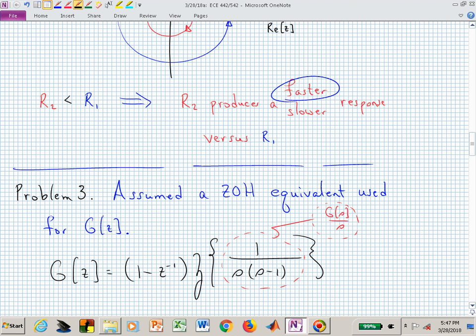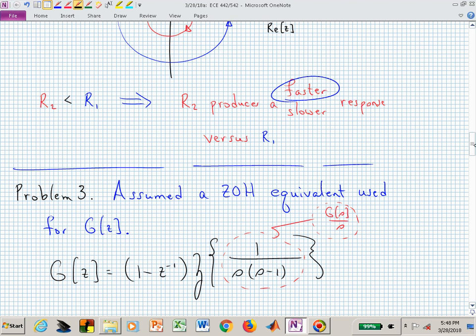And in that sense, I'm assuming a zero-order hold equivalent needs to be determined so that you can start with a capital G of Z. And the zero-order hold equivalent of a G of S is now you just put another pole at the origin in the S-plane, find the Z transform of that G of S over S, which in this case is 1 over the quantity S times S minus 1, and then multiply it by this 1 minus Z to the minus 1.